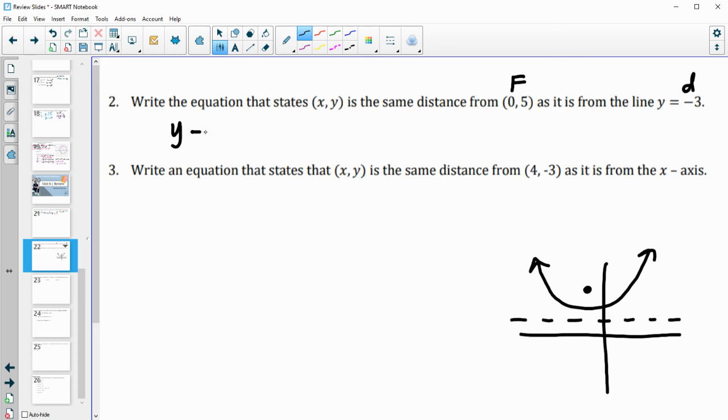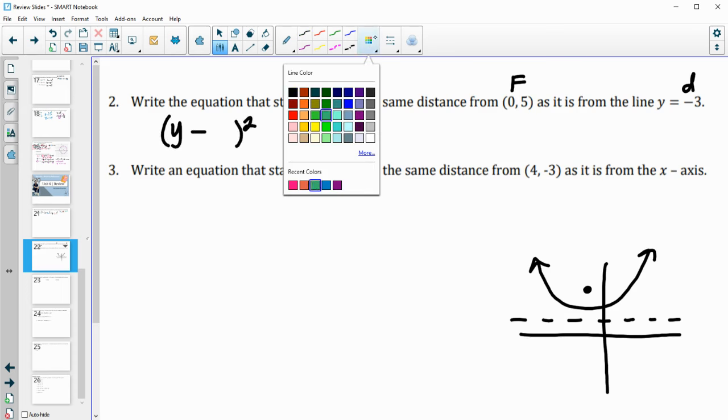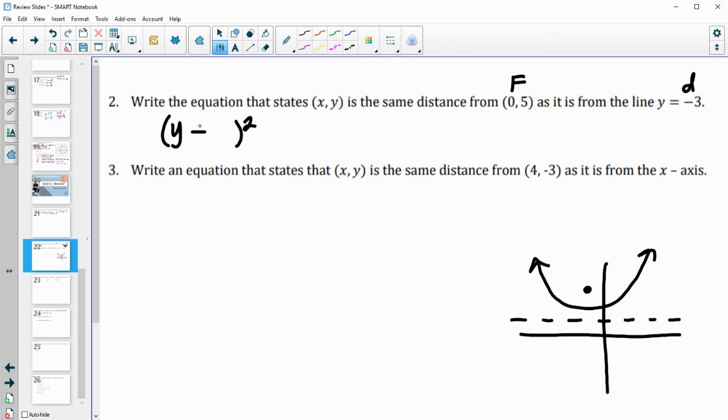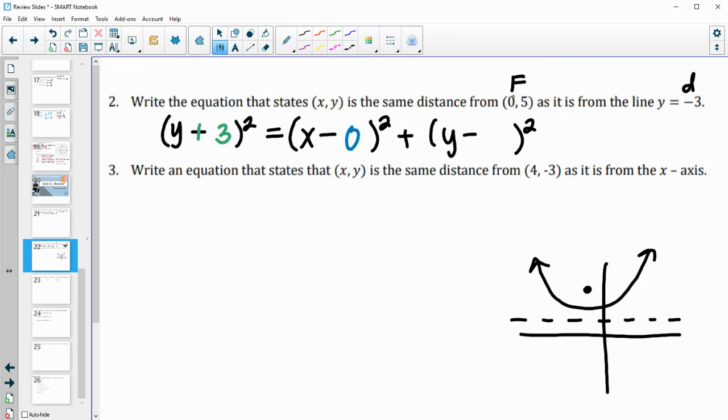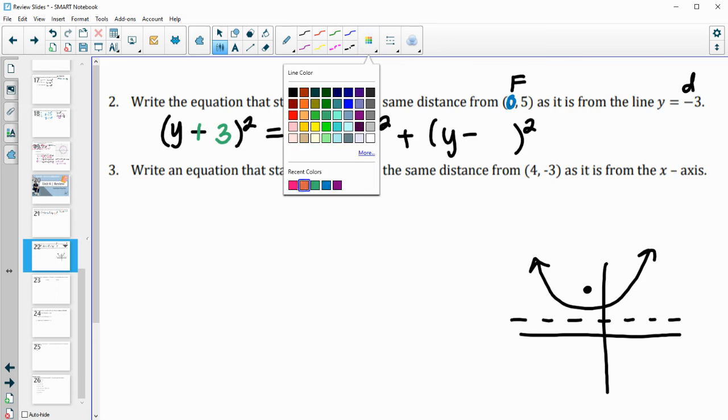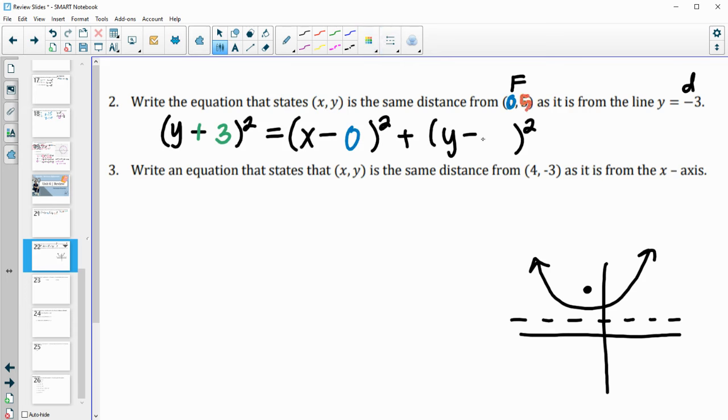So we're going to do y minus the directrix squared, and the directrix is this negative 3, so we'll plug in negative 3. And then that will equal x minus the x coordinate of our focus plus y minus the y coordinate of our focus. The x coordinate of our focus is 0, and the y coordinate of our focus is 5. So y minus 5. So then that would be our equation.